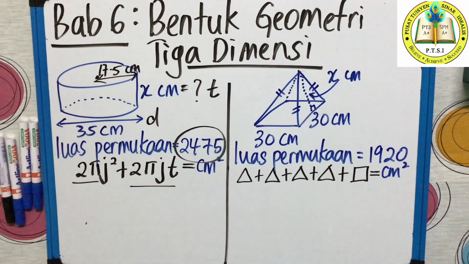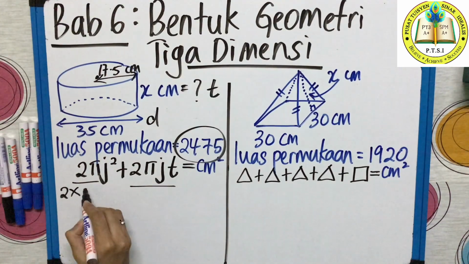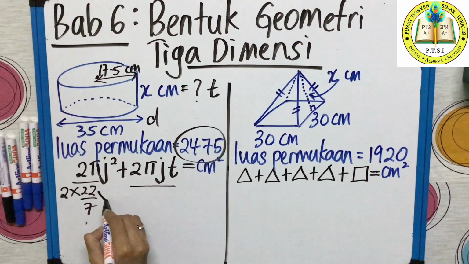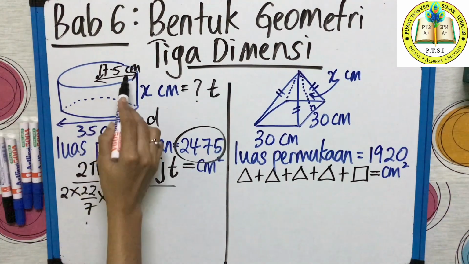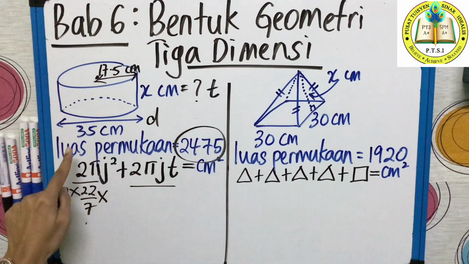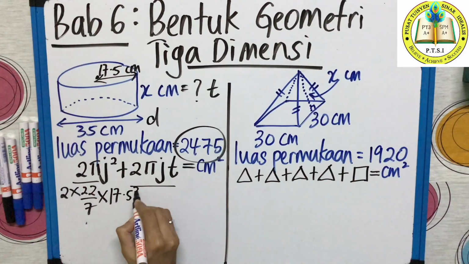So sekarang cikgu ganti dalam formula 2 darab pi, you can use 22/7 terpulang kepada nilai yang diberi. If they give you 22/7, you use 22/7. If they give you the pi 3.142, you use 3.142. Cikgu guna 22/7 darab jejari. Kan tadi cikgu sudah bagi tahu. Radius is half. The diameter is 35, but jejari is 17.5 squared.